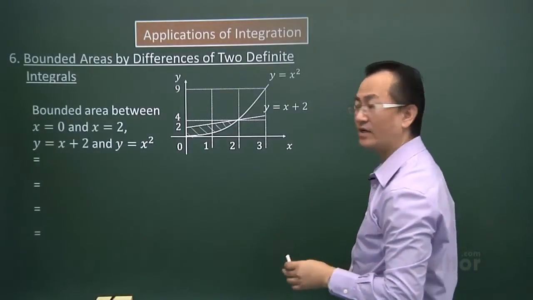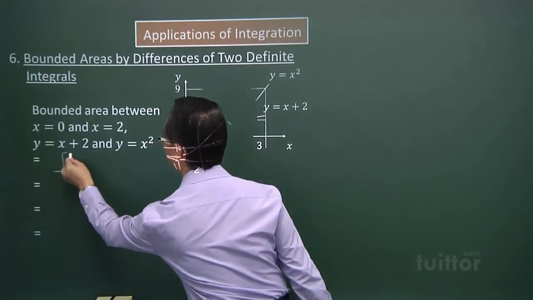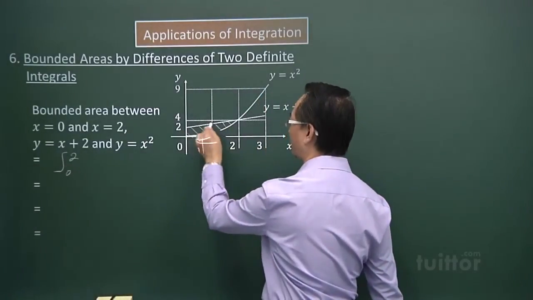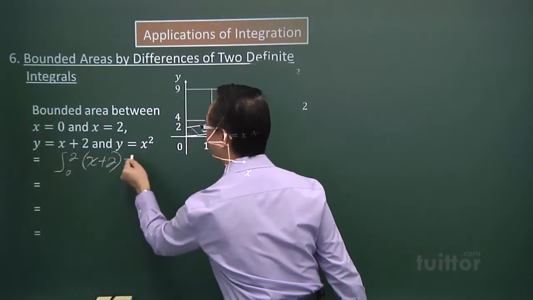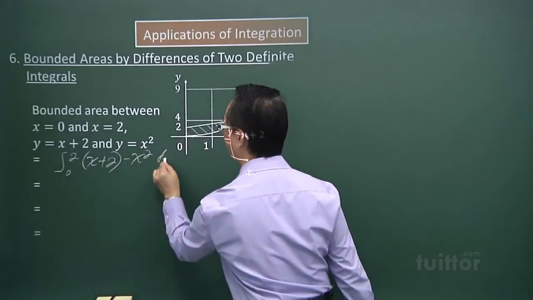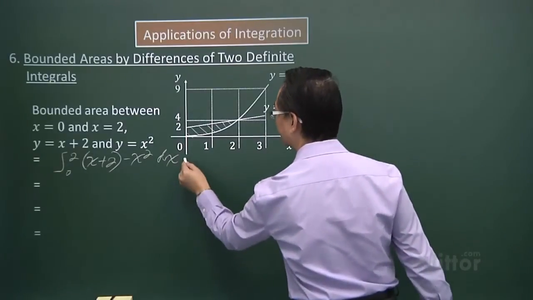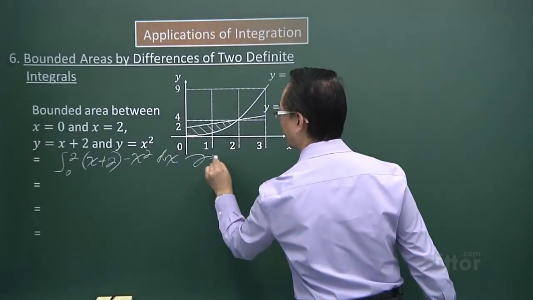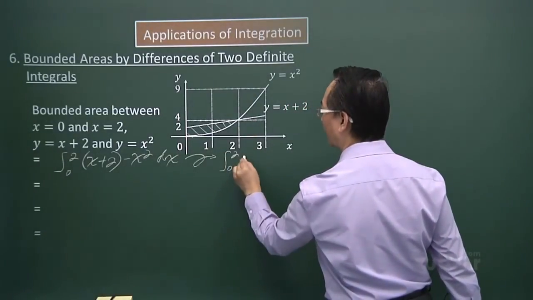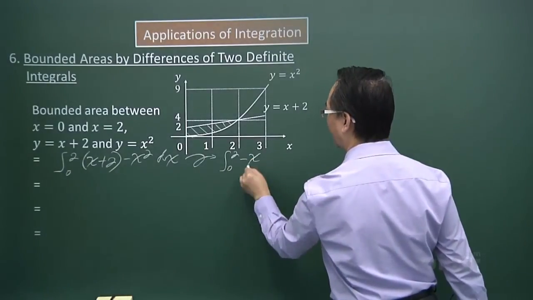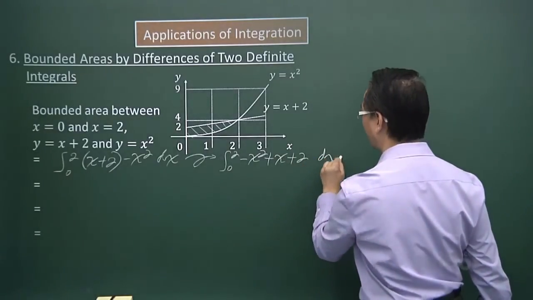So to find the area, what we can do is to integrate from 0 to 2 of the top function, which is x plus 2, minus the function below, x squared. So really, I will be looking to integrate from 0 to 2 of negative x squared plus x plus 2 with respect to x.